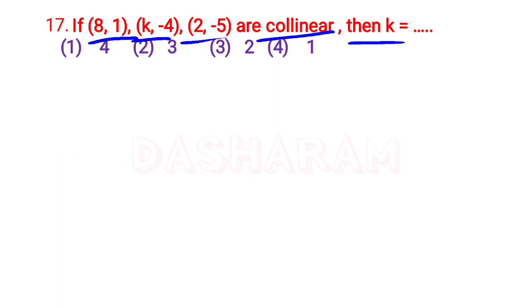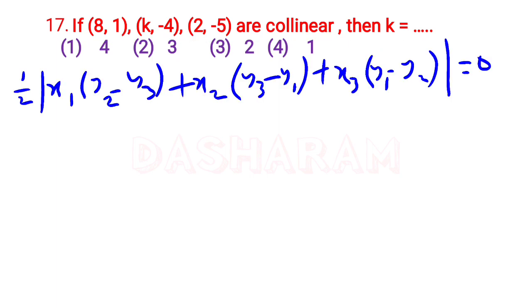So the area of a triangle formula is 1 by 2 mod x1 of (y2 minus y3) plus x2 of (y3 minus y1) plus x3 of (y1 minus y2). This area of a triangle will be equal to 0 because the 3 points are collinear points.